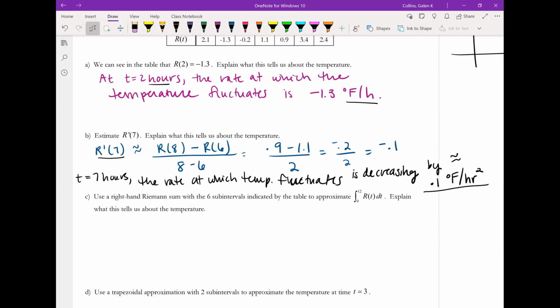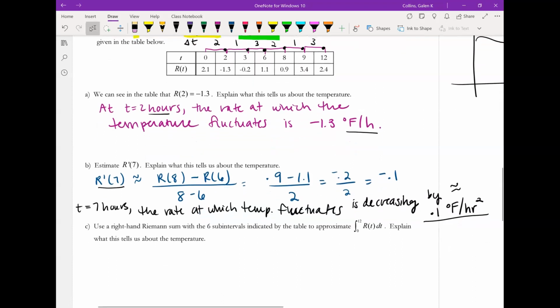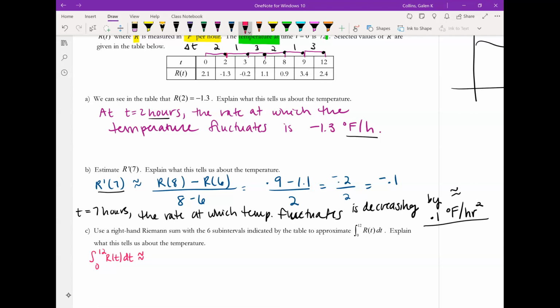And then we are using a right-hand Riemann sum. So that means I'm going to use the right-hand value of each rectangle. Okay, so when we approximate our sum, I'm going to use the right-hand side of each rectangle, and that's going to go with the delta t above it.